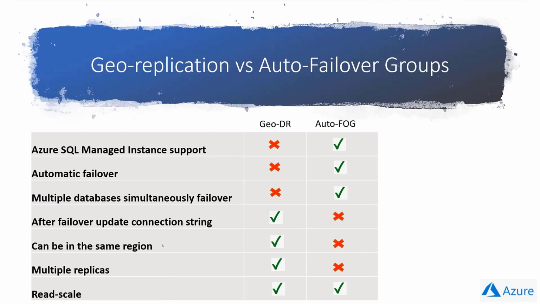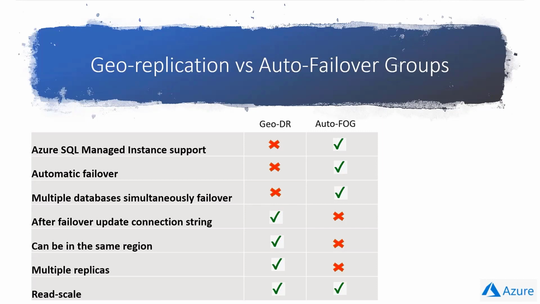Now, automatic failover is actually only available in auto failover groups. So you have the option in auto failover groups to say, I'm gonna do the failover manually, or you can delegate it to Azure service to say, I'm gonna do it in an automatic way. And you can select this.